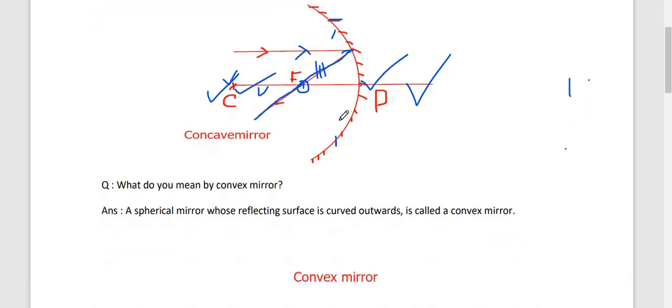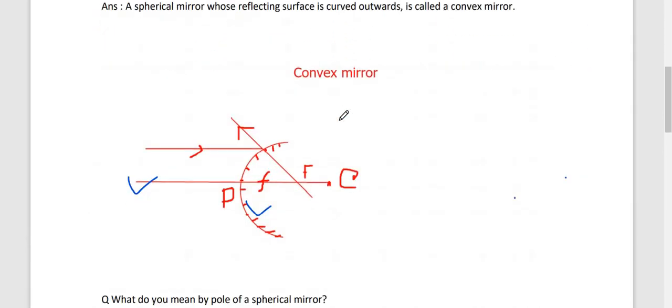In case of convex, it is somewhat different. Now see, here is the ray parallel to the principal axis. After reflection, it cannot go this way because the mirror is already painted. It will go this way into the same medium. So in reality, the reflected ray and the principal axis will not meet.